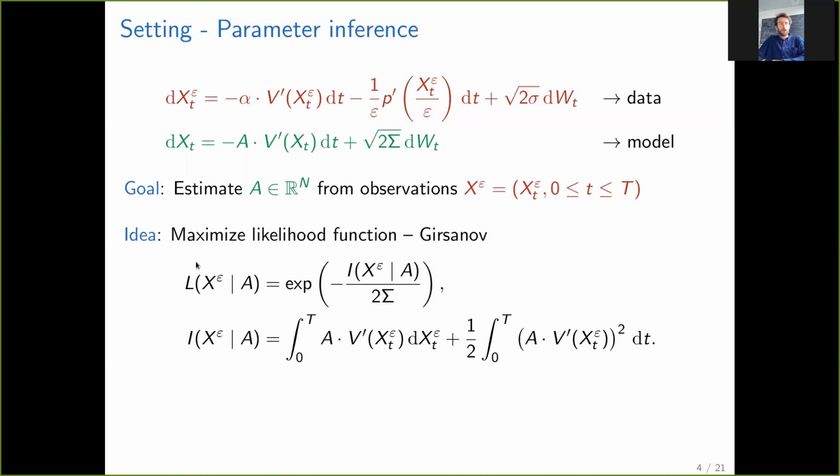So we are given a likelihood function, and therefore it seems extremely reasonable to compute the argmax of the likelihood function and use this as an estimator.